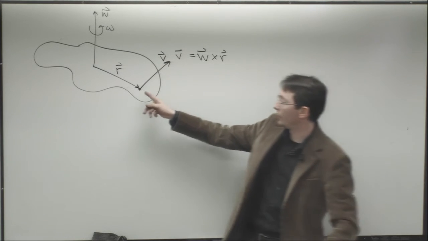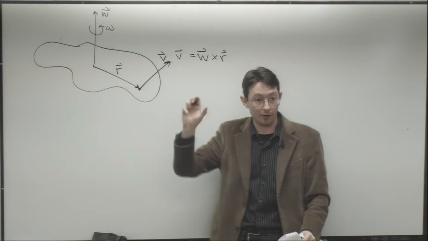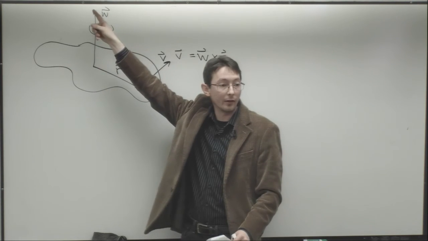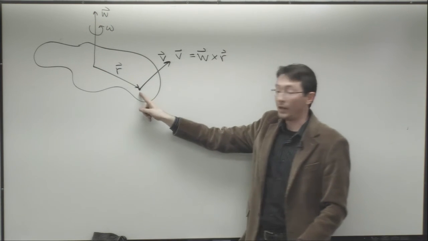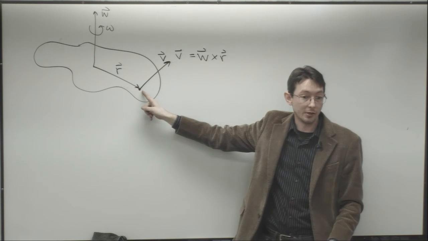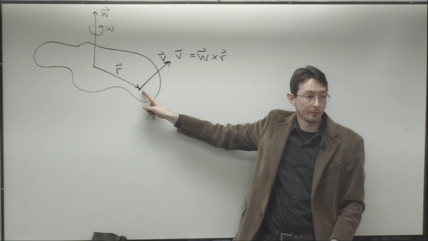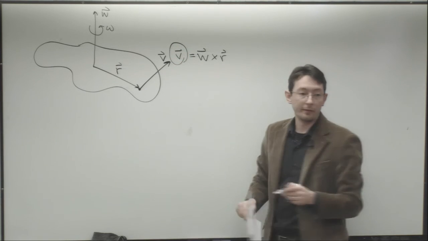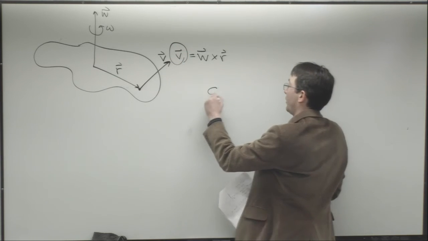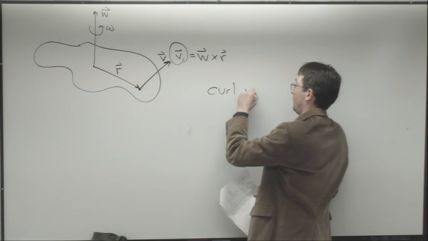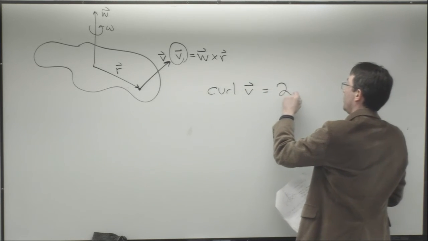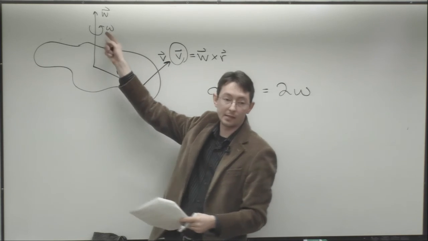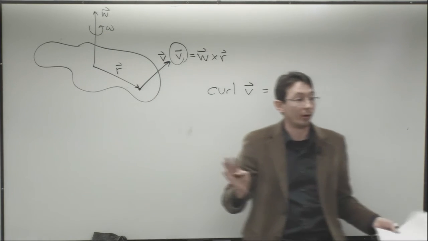So the velocity of any point in this rotating asteroid is given by the cross product of the rotation vector with the radius vector from the axis of rotation to that point. If I take the curl of this vector field v, I'll find that curl v equals 2 omega. So the curl of v measures twice my rotational speed at all points.